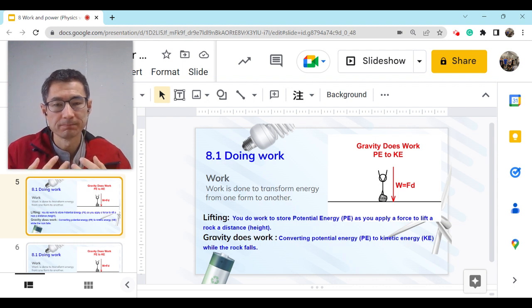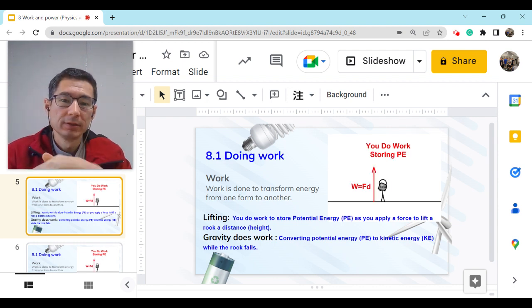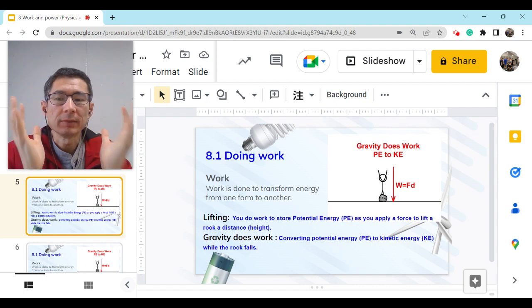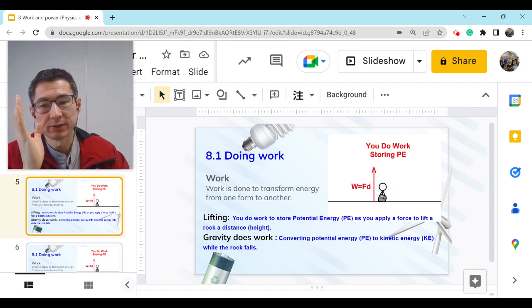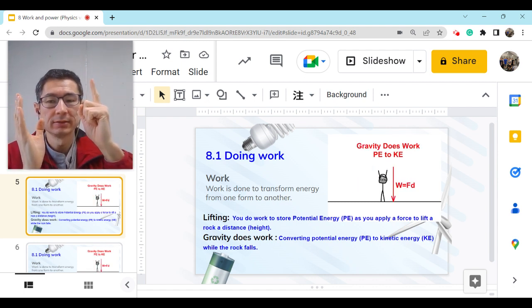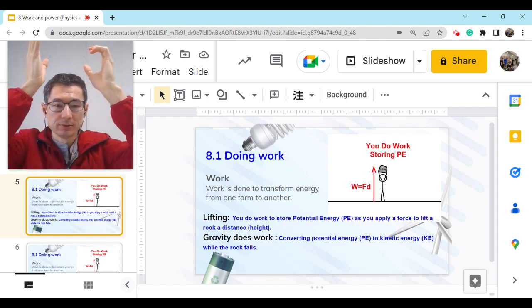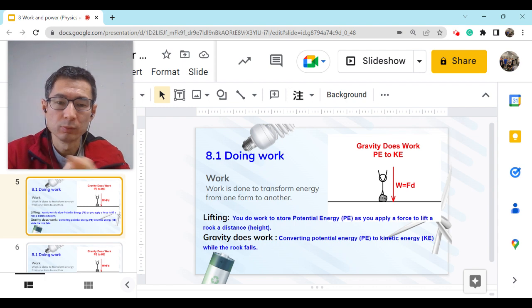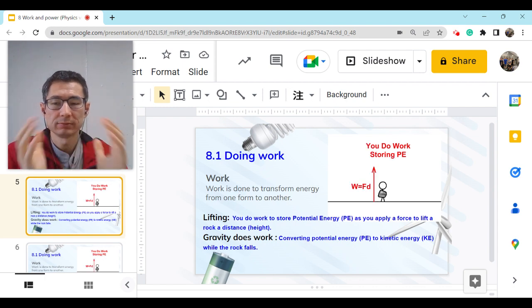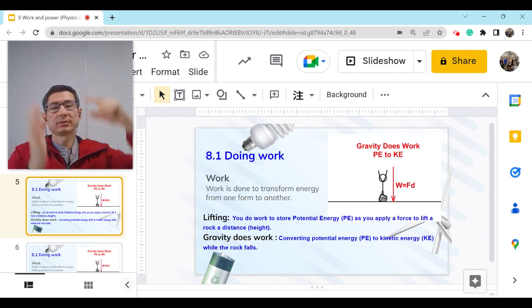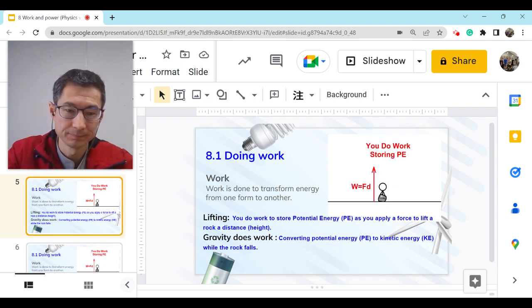Okay. So the applied force is against the gravitational force, and the object is moving in the same direction. So the work done can be calculated as applied force times the distance.